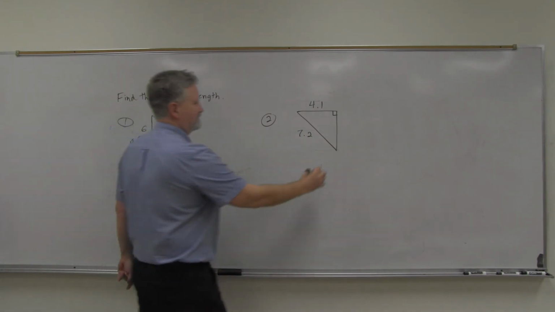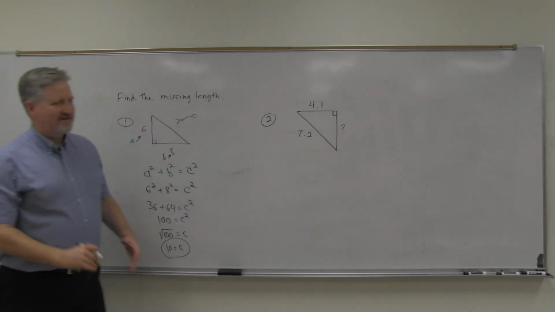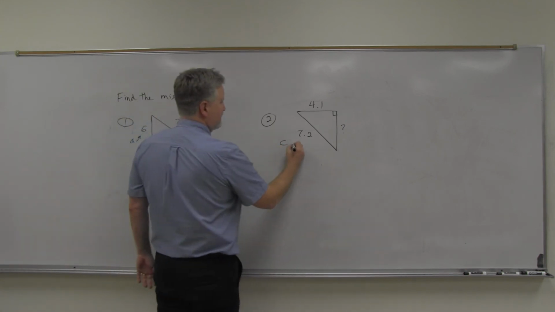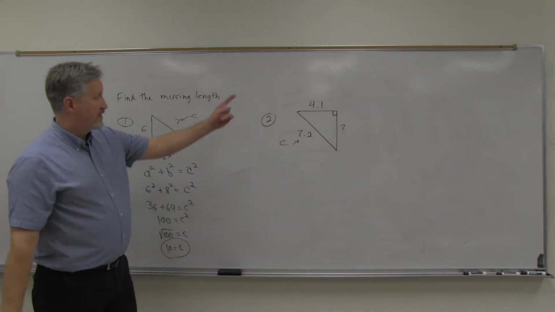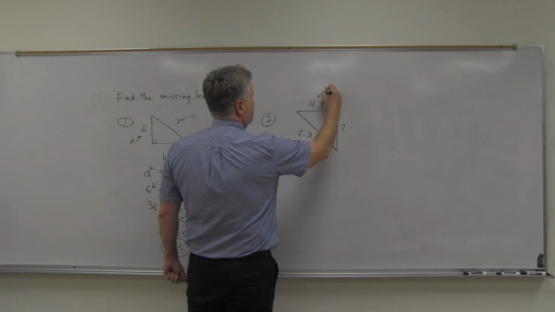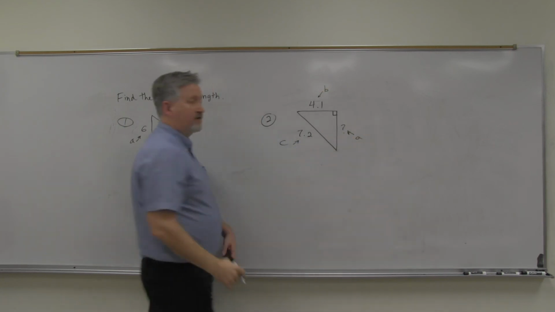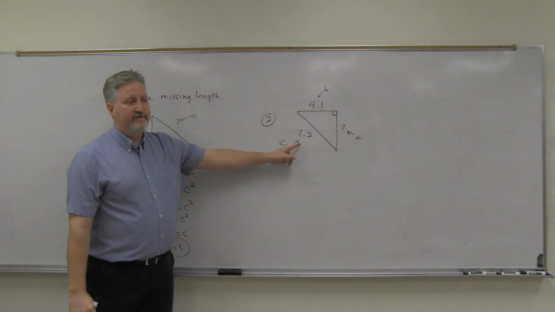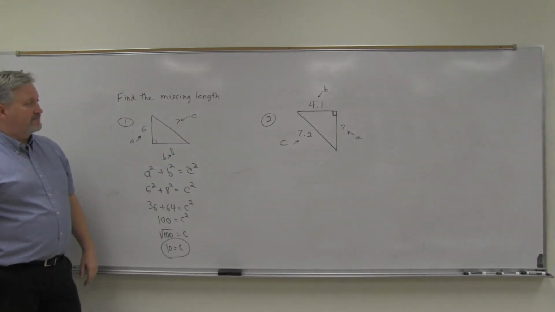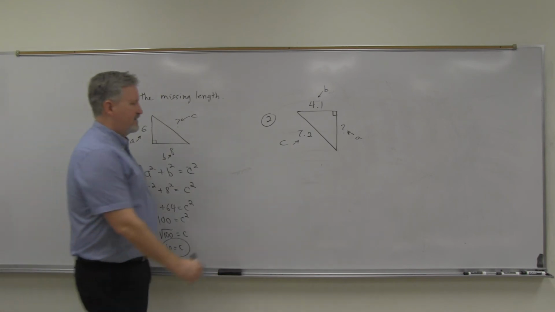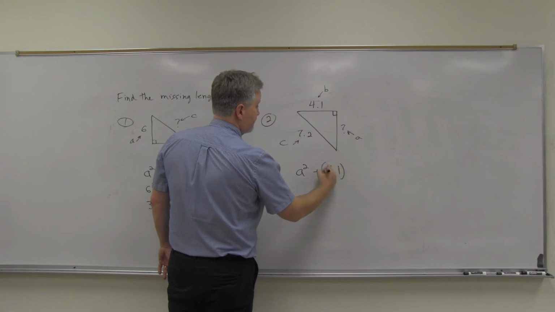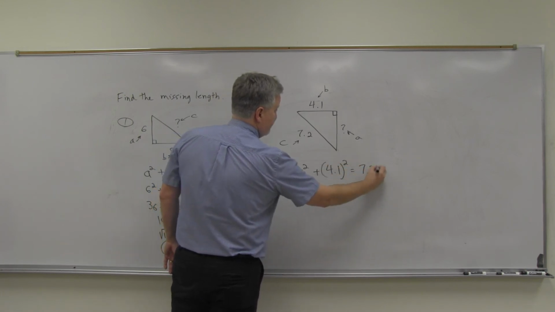So we're missing this one. Which one's missing though here, a or b? I've got the c, which has to be the one you get. Can't mess that one up. So I'm missing the a here. I've got a squared plus b squared equals c squared.